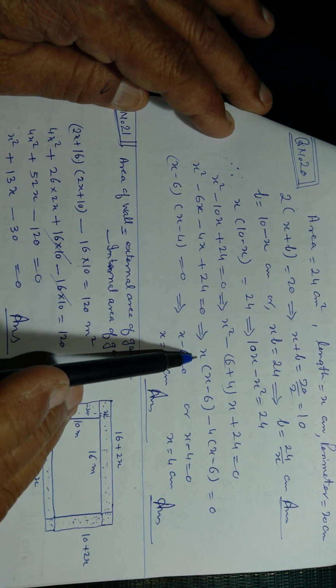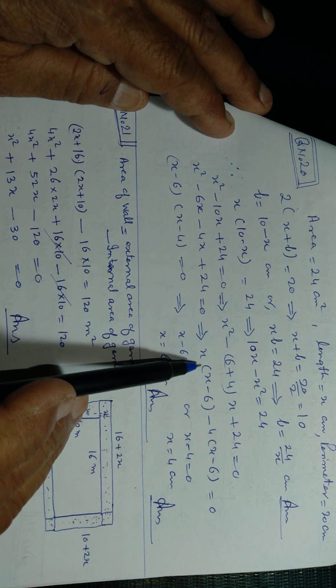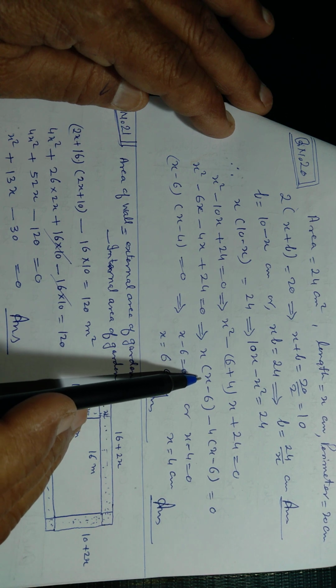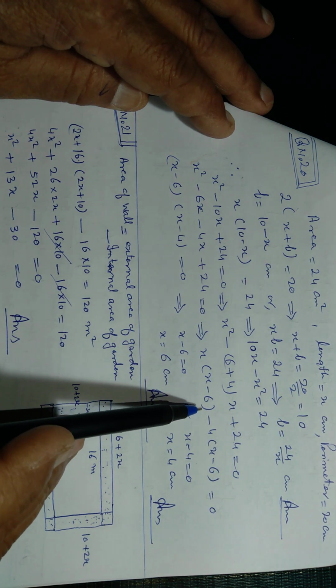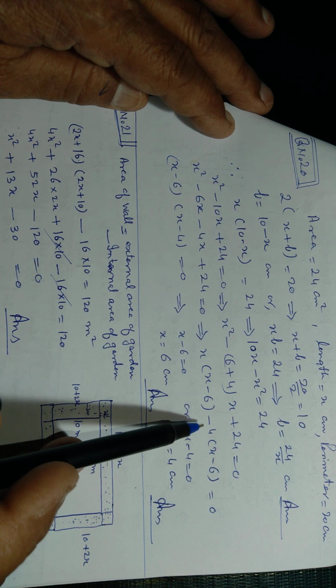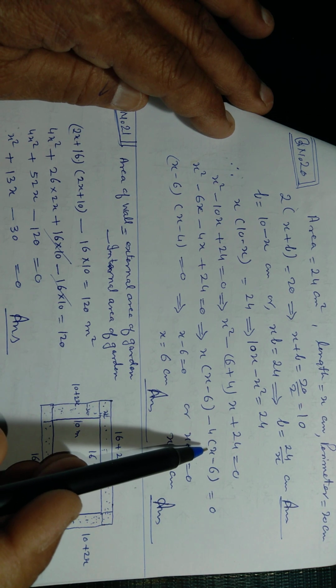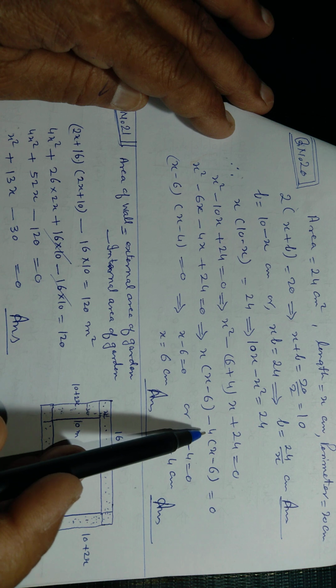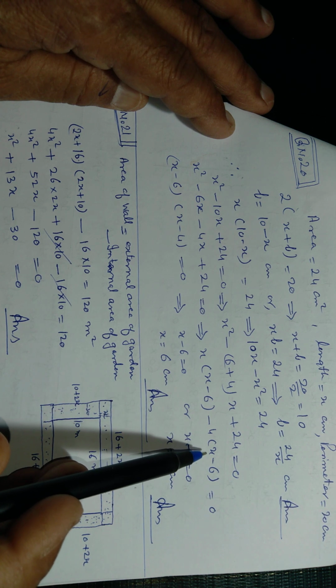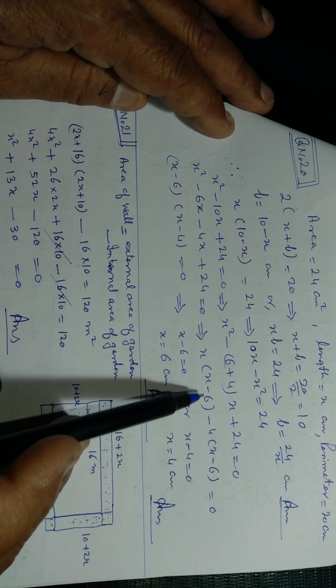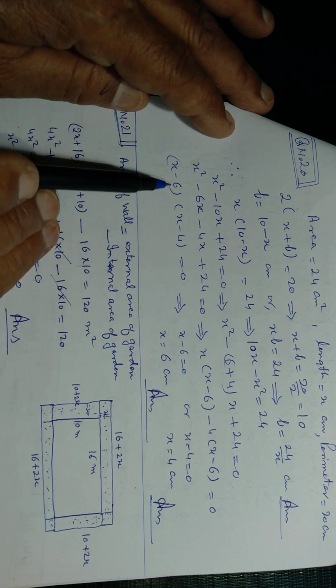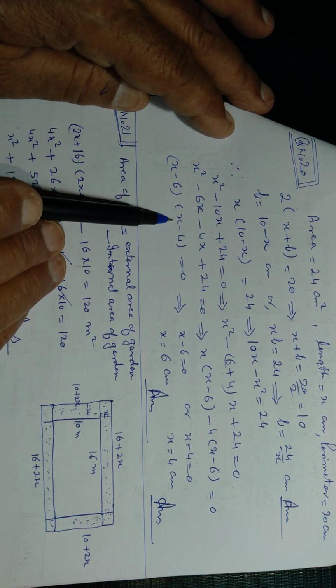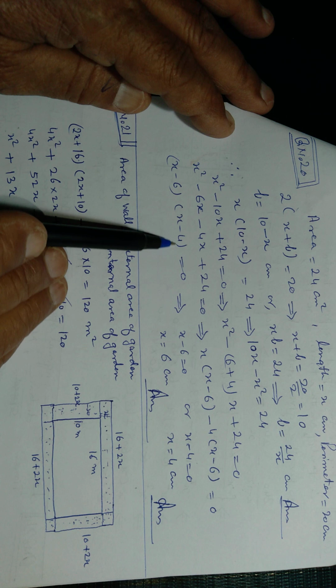So x will be taken out common. x minus 6 in the first bracket, and from the third and fourth term we can take minus 4 common, and inside the bracket we will get x minus 6. Now x minus 6 and x minus 6 will be taken out common. So in the second bracket we will get x minus 4 equal to 0.